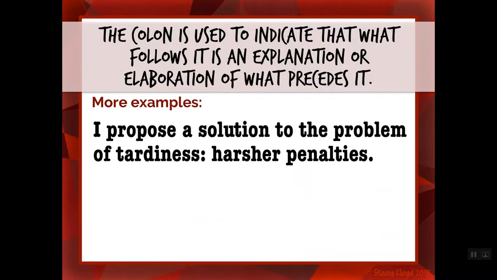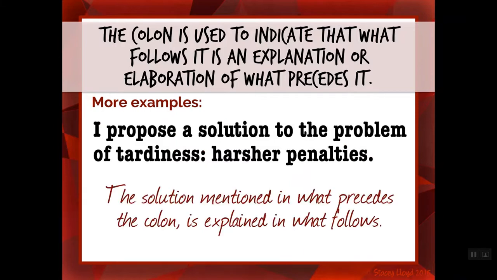I propose a solution to the problem of tardiness: harsher penalties. The solution mentioned in what precedes the colon is explained in what follows, right? So I propose a solution to the problem of tardiness. That could be a sentence, and the answer, but it makes it more refined when you use the colon and an explanation.